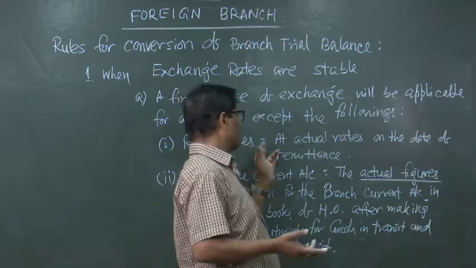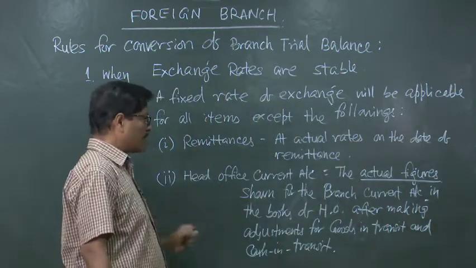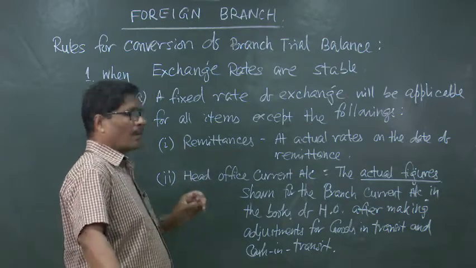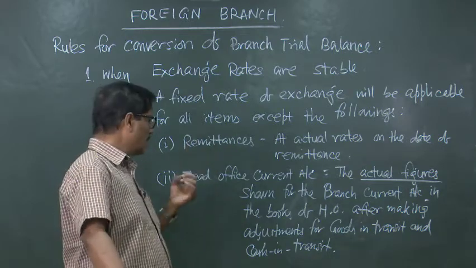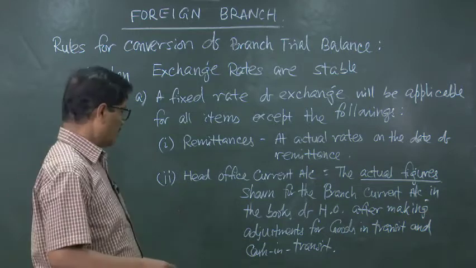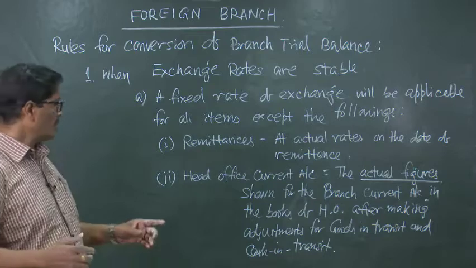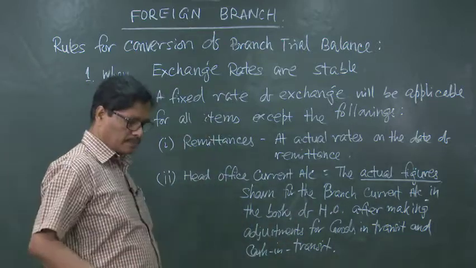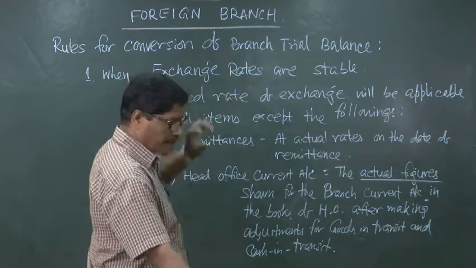Remittances will have to be at actual rates on the date of remittance, and the head office current account balances will have to be shown at the actual figures which are shown in the branch current account in the books of the head office. Of course, after making the adjustments for goods in transit and cash in transit. So, this is the first case when exchange rates are stable.